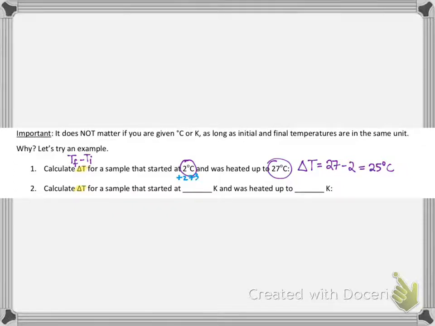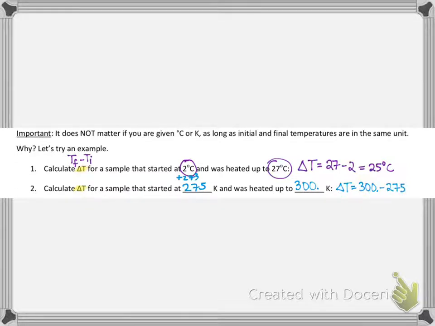So we're going to have a starting temperature of 275 Kelvin and an ending temperature, well, if we add 27 to 273, we will get exactly 300 Kelvin, because sig figs. So now let's calculate delta T again. So this time our final temperature was 300 Kelvin, and our initial temperature was 275.